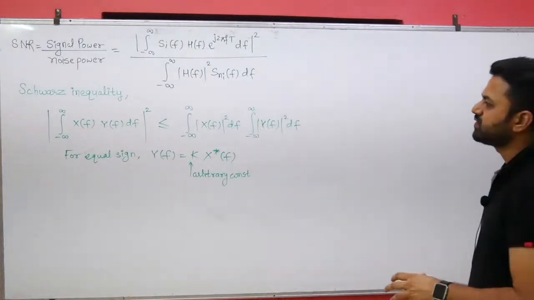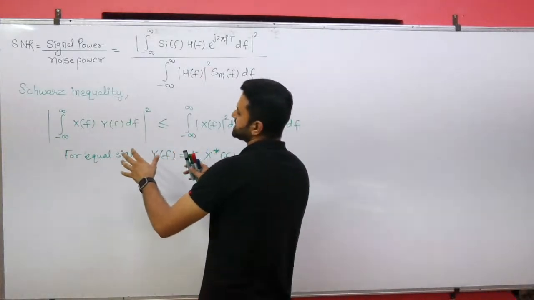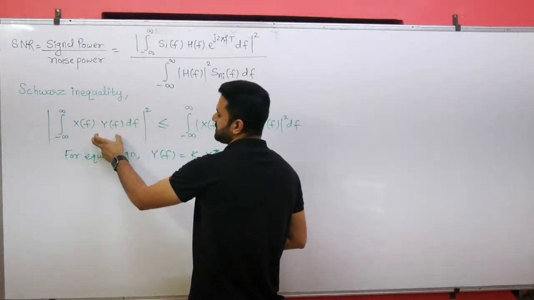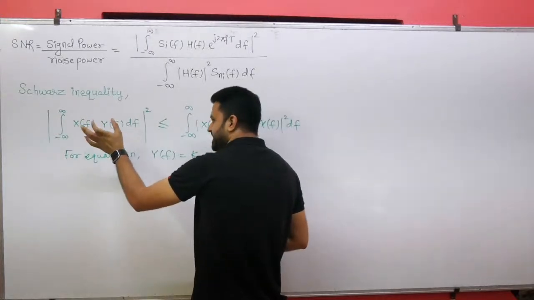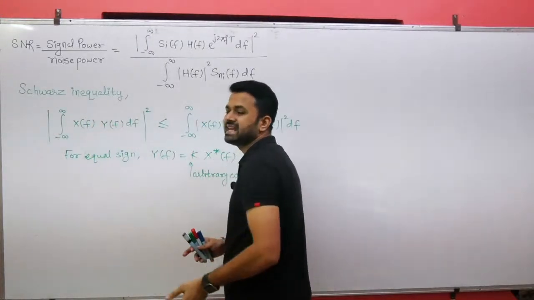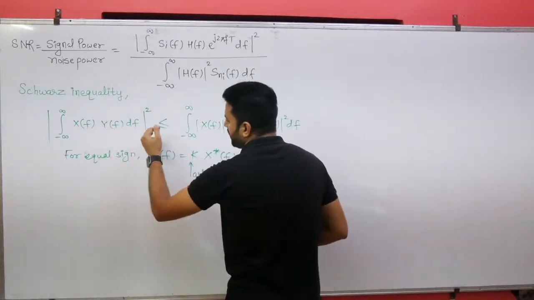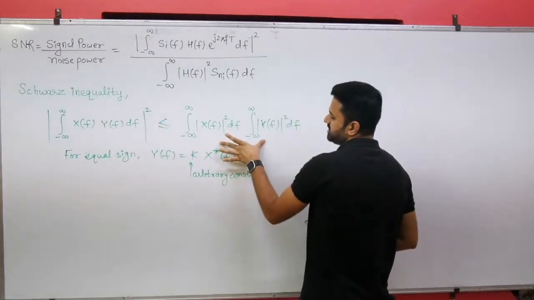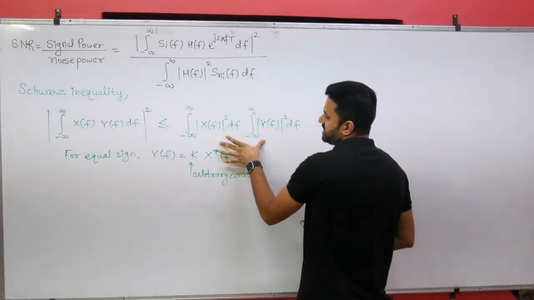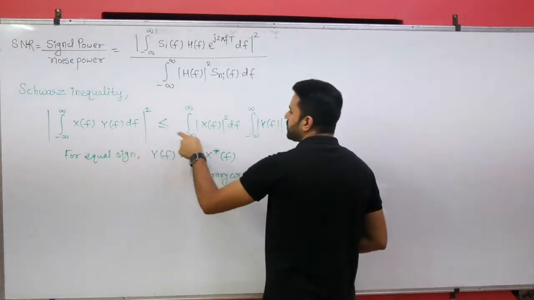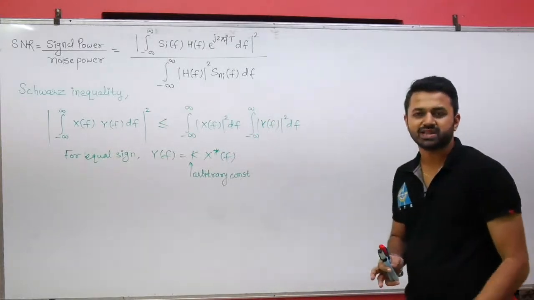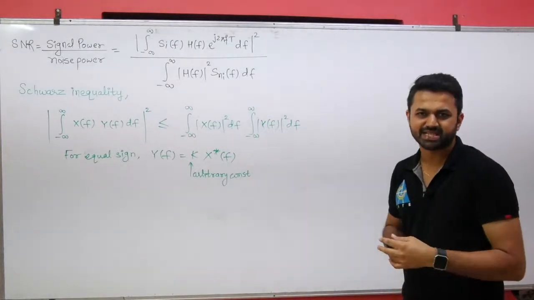So this is the inequality. This inequality says that if you have this type of integration, then the left hand side term will always be less than the right hand side term. And it can be equal, which means it will give you the maximum value.